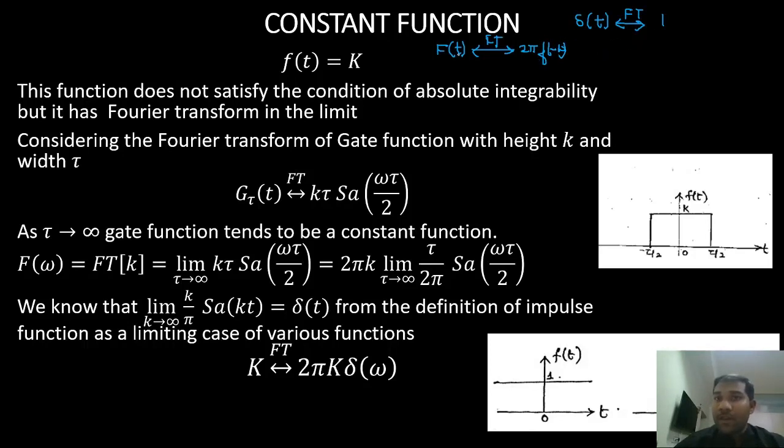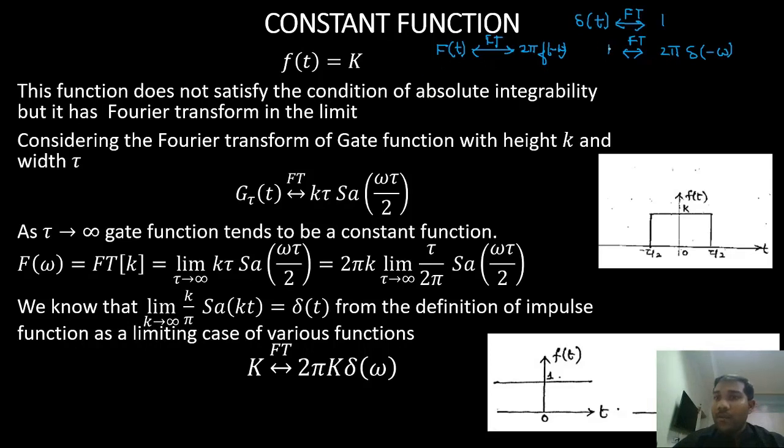So what is capital F of t? My capital F of t is 1. So it has a Fourier transform 2 pi delta of minus omega, right? This is according to the duality property.